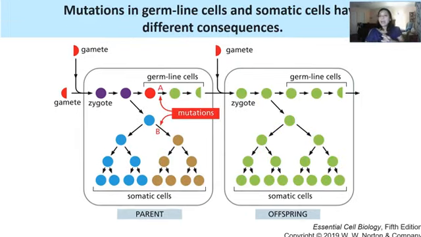However, now let's say what happens when there's a mutation in either the germline cells or the somatic cells. So here in the parent, there are two mutations: one that affects the germline, which is A, and a second mutation, B, that does not affect the germline and affects the somatic cells instead.